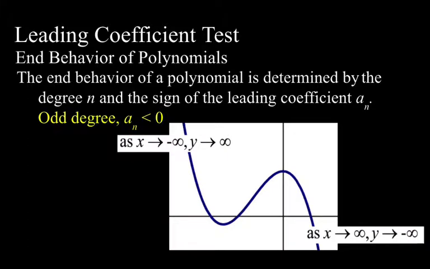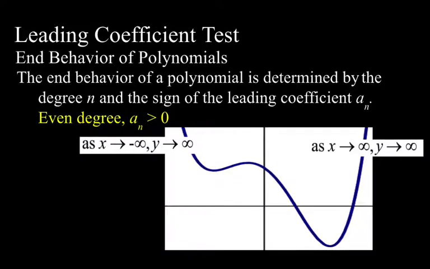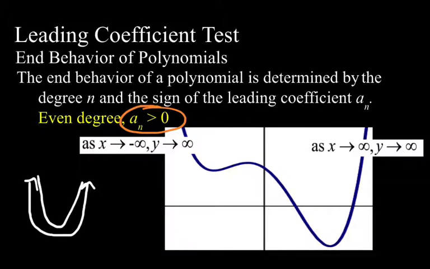Let's go to our even degreed functions. So notice even degree, positive leading coefficient, and if we think about our power functions again, every one of them was going, if you remember, up on the left and up on the right, and notice that's what we see here, so that's following the same pattern.